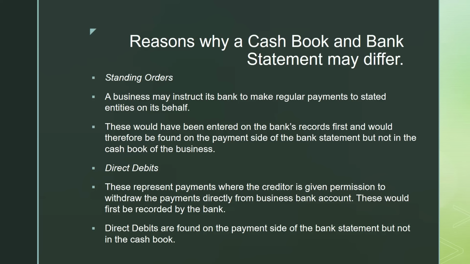That's a standing order. And the bank will do it automatically every month. So let's say one month comes and I forget. If I forget, would I record it in my cash book? No, sir. Would the bank forget? No, sir. So it will be in the bank statement, but not in the cash book.